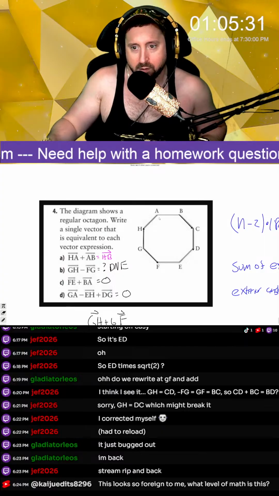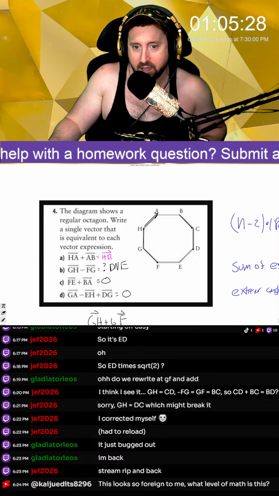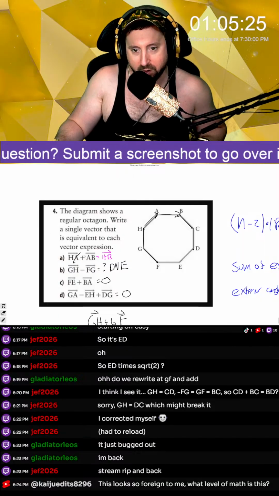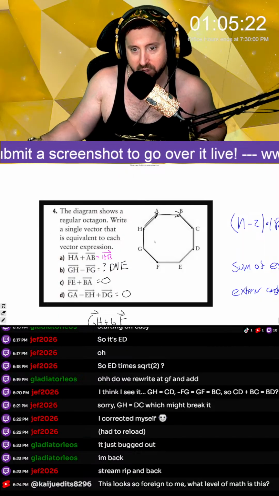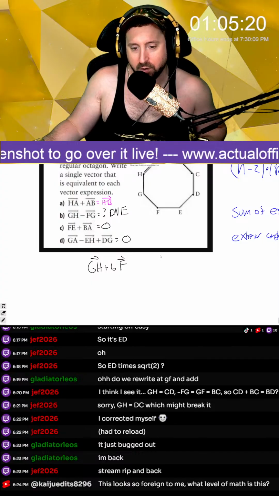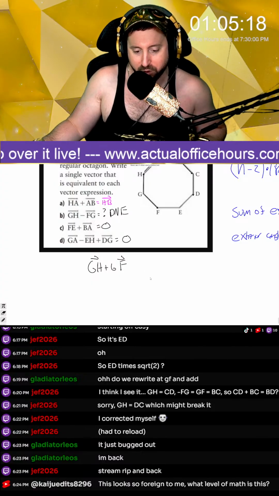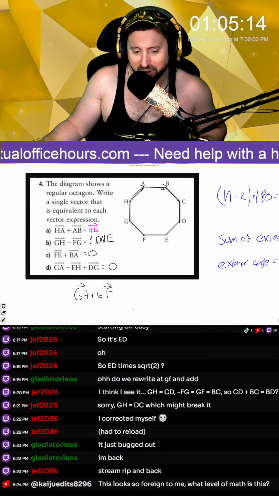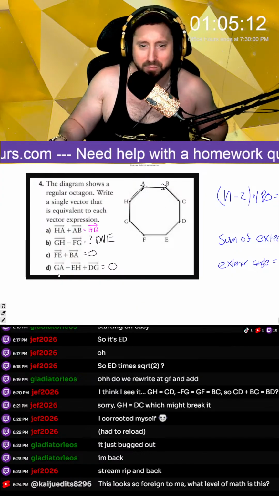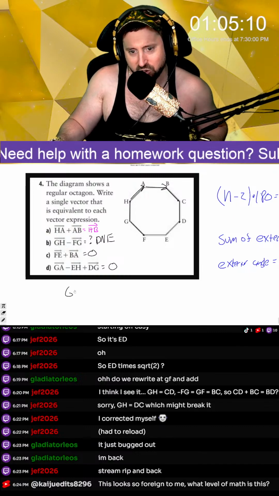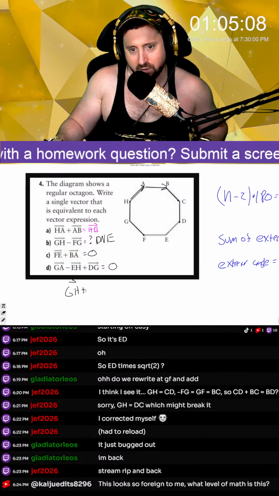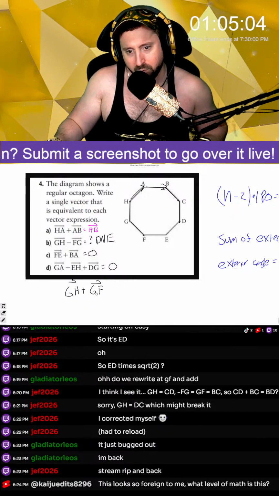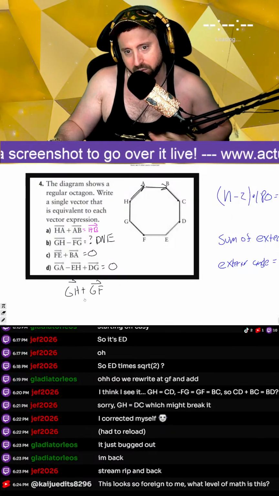You can cross these out, and then that's the same thing as H to B. It's like the transitive property of vectors or something. But here this is G to H plus G to F, and you need the middle two things to match up.